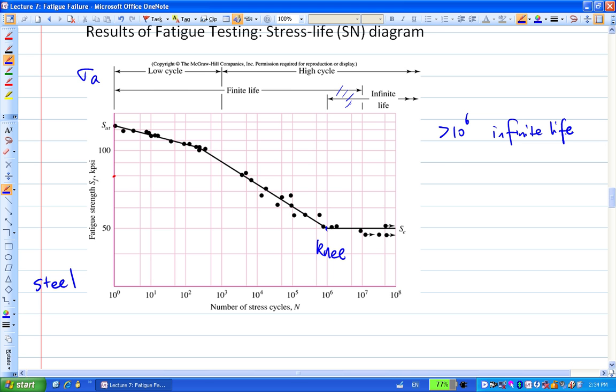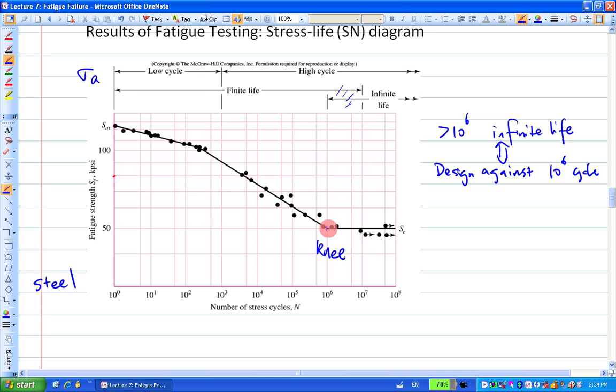So if you're saying design against 10 to the power 6 number of cycles or design against infinite life, what this means here is 10 to the power 6. That's a key value of number of cycles.